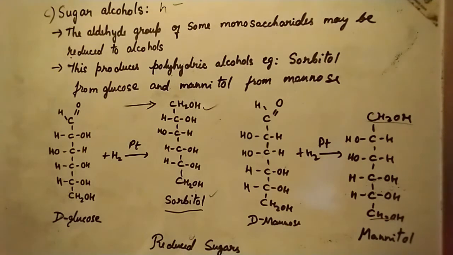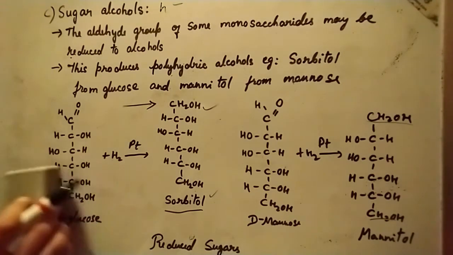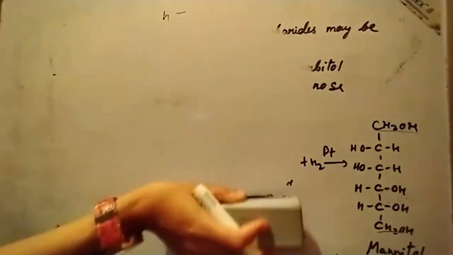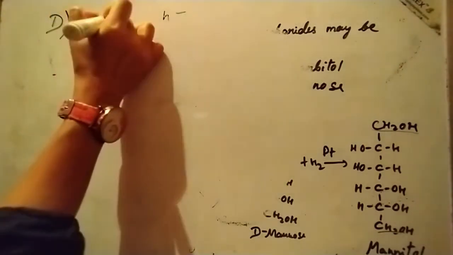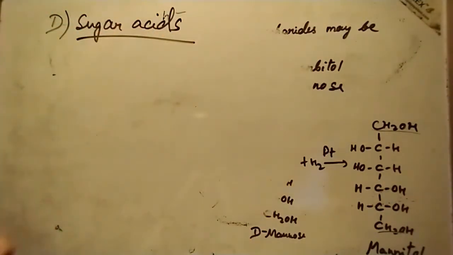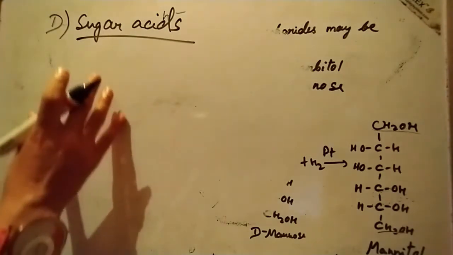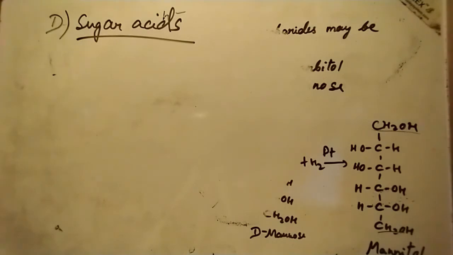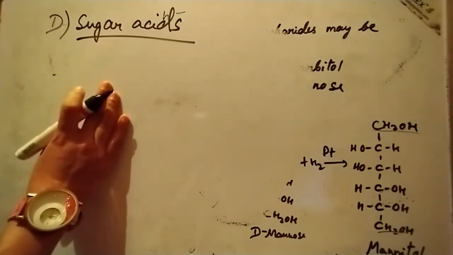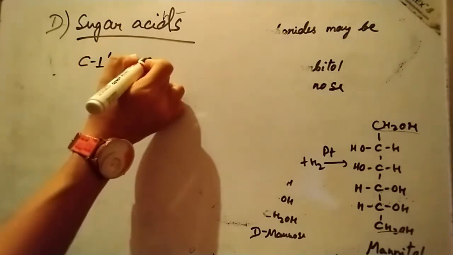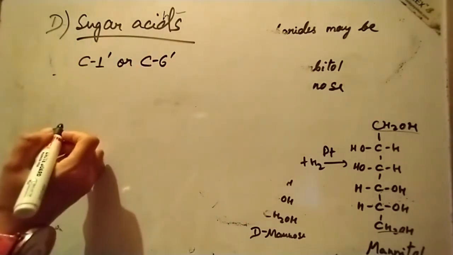Next we come to the sugar acids. All right, so we come to sugar acids. Now sugar acids, the monosaccharides may be oxidized to acids at either carbon number 1 or carbon number 6.